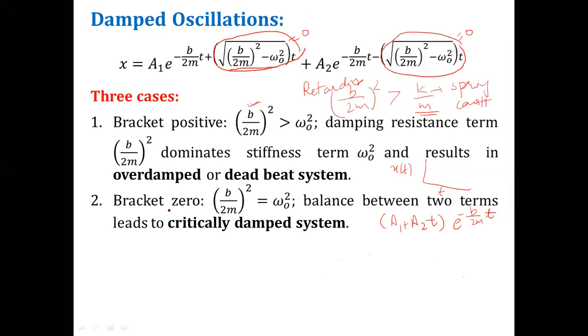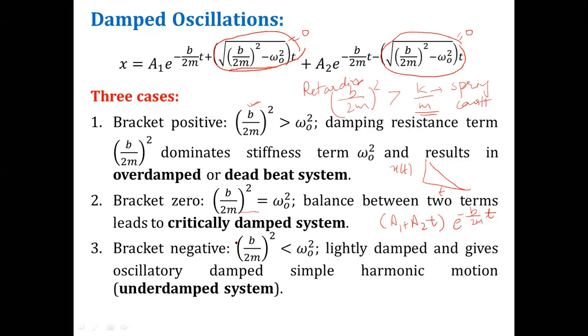But when these two terms are equal to each other, x is still an exponentially decaying function. So in this case also, there will be no oscillations and your object will come back to its equilibrium position after a certain amount of time. And this is called a critically damped system.